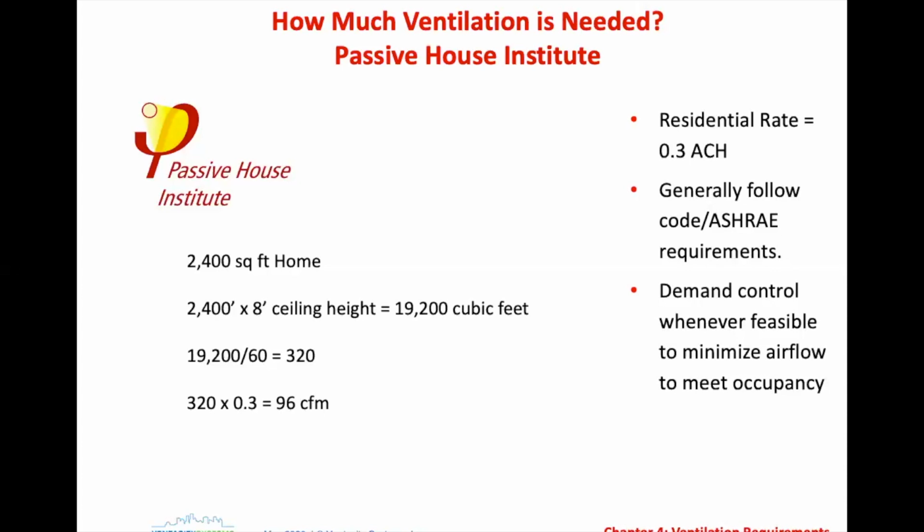And wherever you can, having demand control is a good idea. And you also have to meet ASHRAE generally for local codes. What we found is typically passive house ventilation rates for residential exceeds the code required. ASHRAE 62.2 is the residential ventilation code.